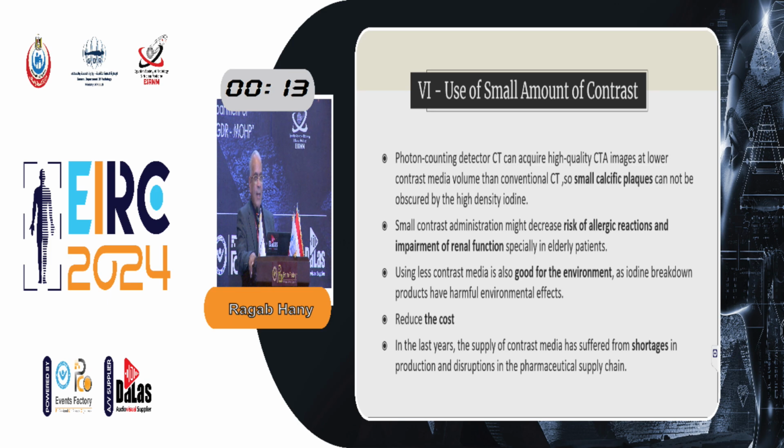Also, you know the risk of a high amount of contrast regarding allergic reaction and impairment of renal function. This will be reduced by the use of a small amount of contrast. Also, flow control is very important for the environment, and also for the cost, because, as all of you know, the price of contrast is now very expensive.